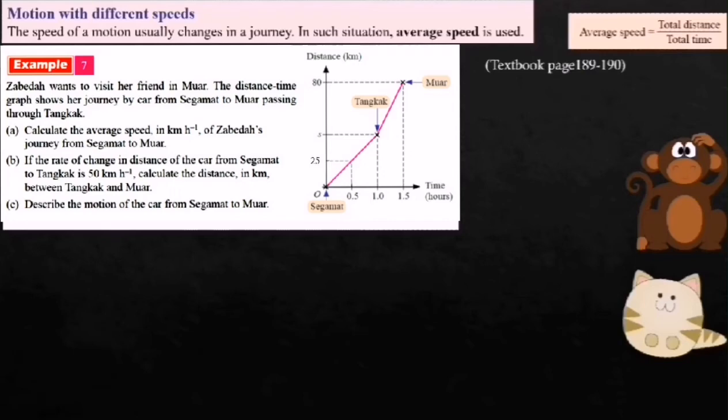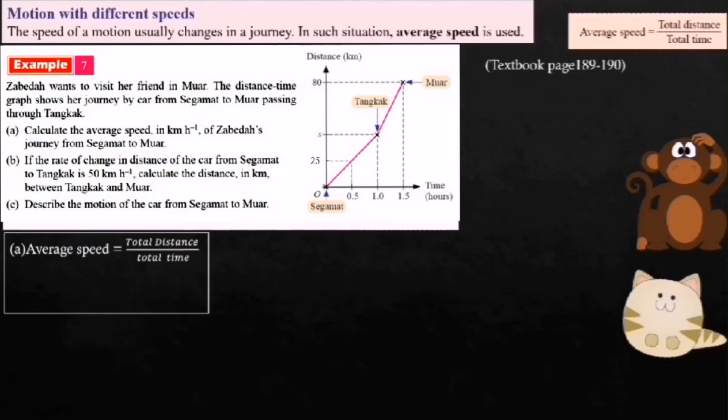A. Calculate the average speed in km per hour of Zabita's journey from Segamat to Muar. Okay, so as we know, the formula for average speed equal to total distance over total time. So total distance from Segamat to Muar is 80 km divided by total time 1.5 hour. Average speed equal to 55 1/3 km per hour.